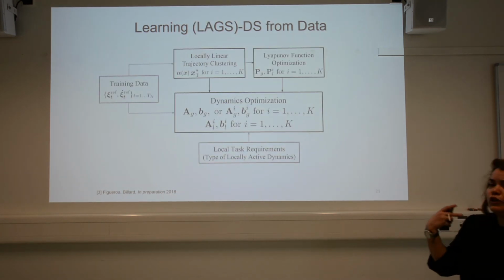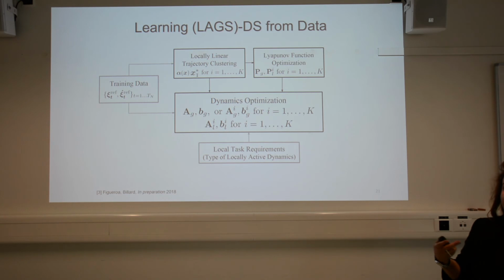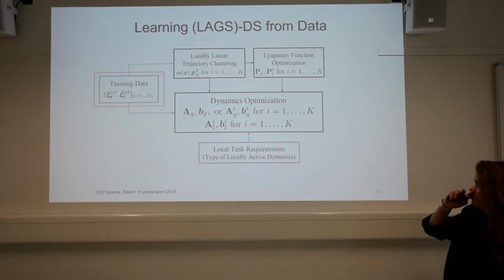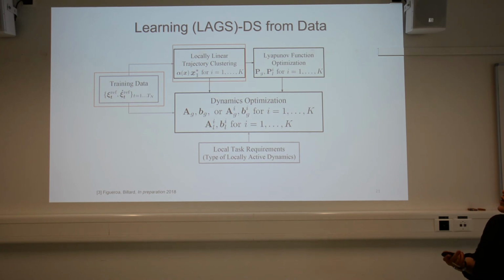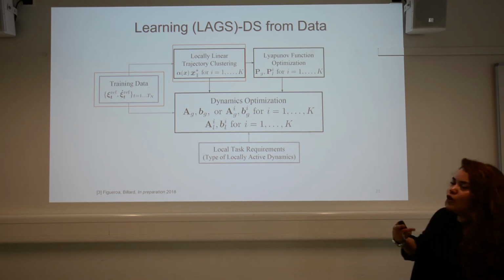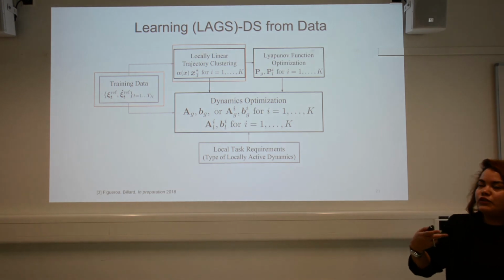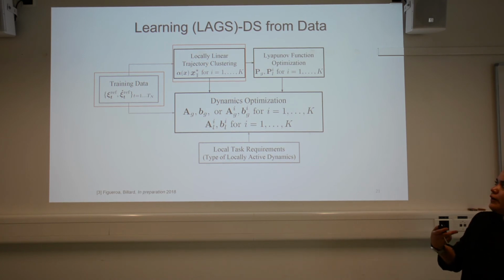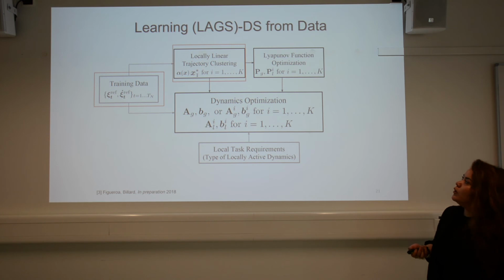So now, in order to learn this type of dynamical system from data, we have this learning pipeline. We have some training data which come from demonstrations. Then we need to discover these locally linear trajectories in our nonlinear demonstrations, which include also the local attractors for each local model.